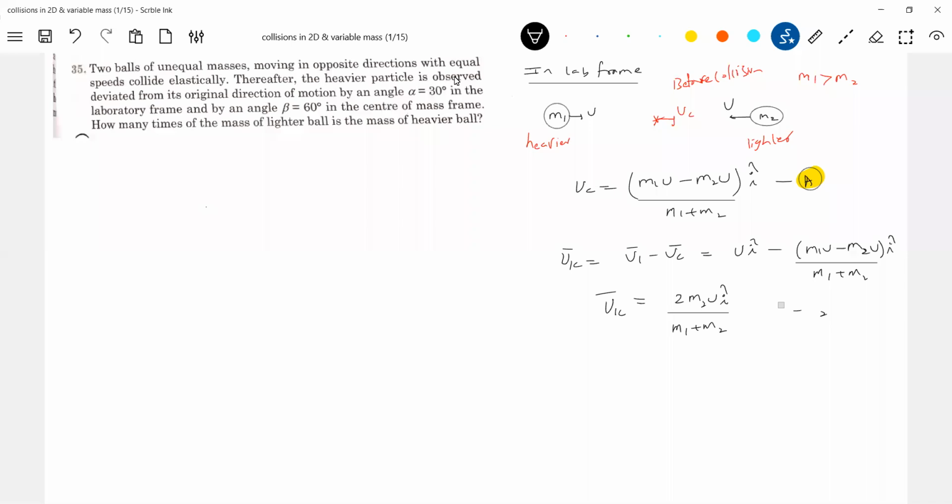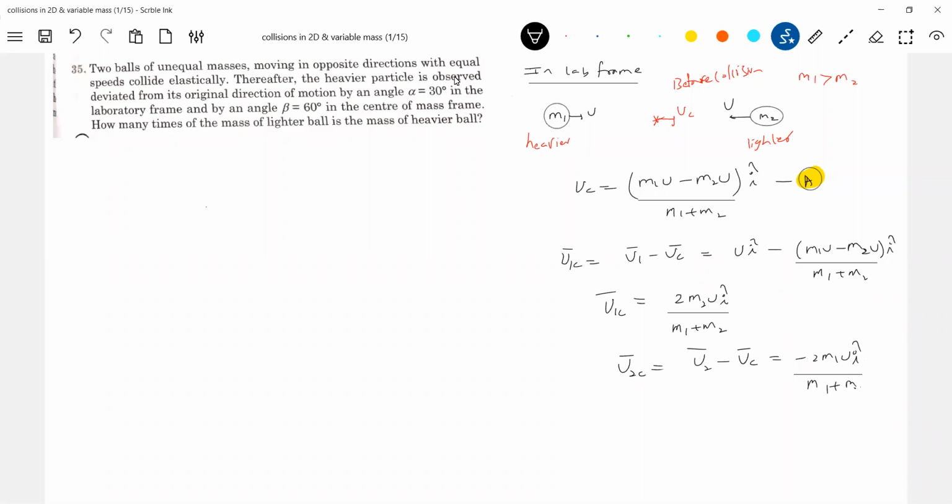Similarly, the velocity of the second particle with respect to the center of mass is the velocity of the second particle minus the velocity of the center of mass. Solving again, what is u2 minus u? Let me write directly here: 2m1u i cap by m1 plus m2.